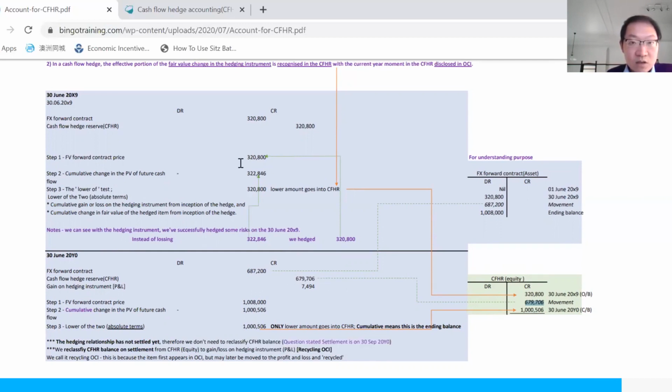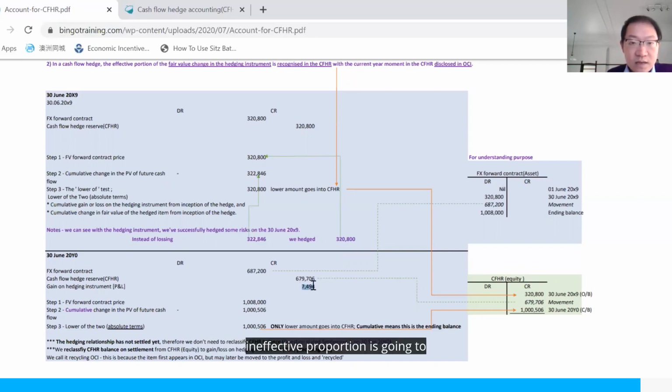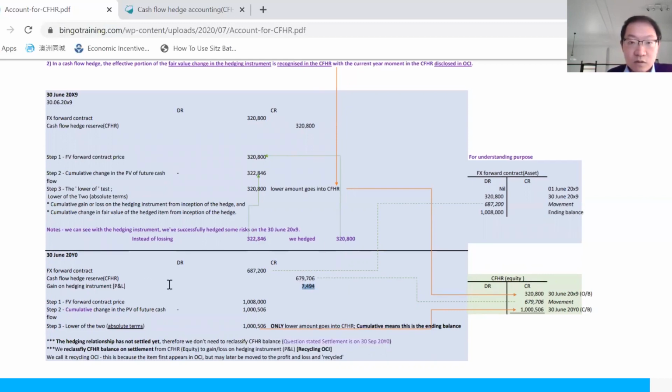When we then measure the item against the value of the forward contract, this additional amount will be recognized as the ineffective proportion. This ineffective proportion is going to be measured in the statement of profit and loss.